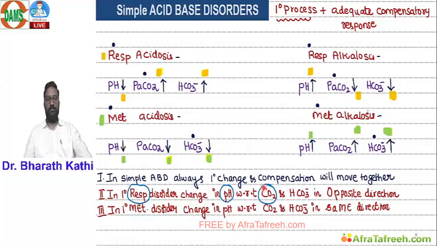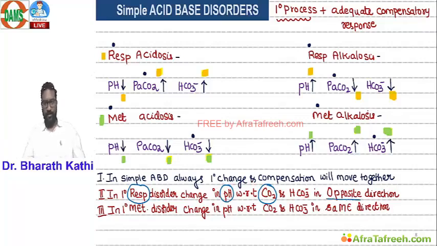Here the logic is, in a primary respiratory disorder, change in pH is predominantly due to CO2. pH and CO2 have an inverse relation. So change in pH with respect to the parameters will be in opposite direction, as pH will follow CO2 here.